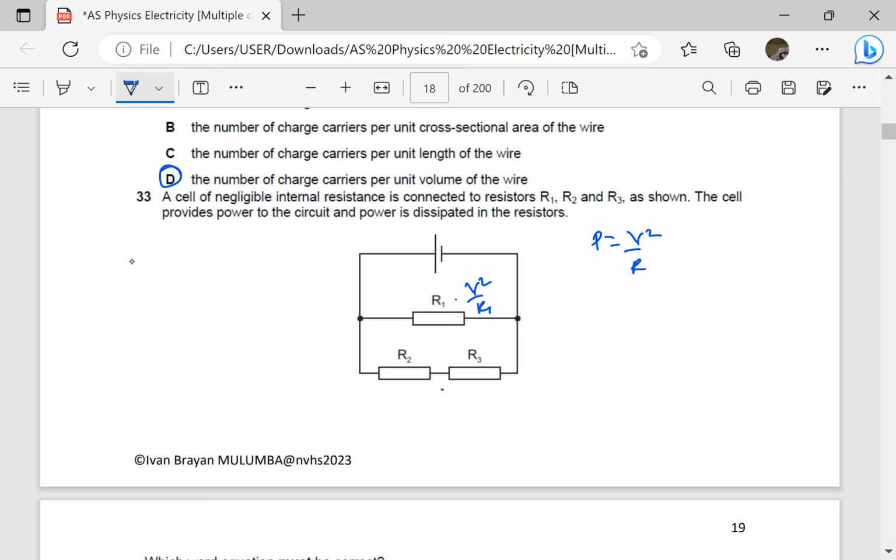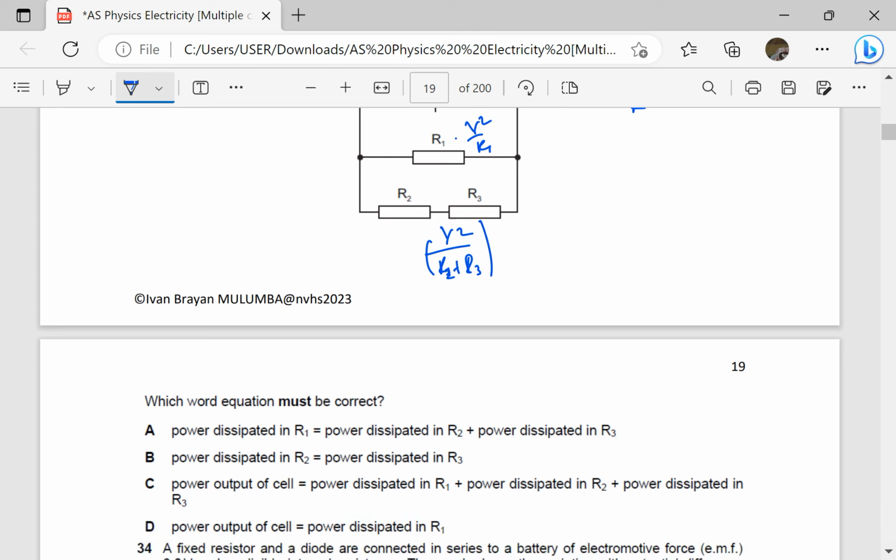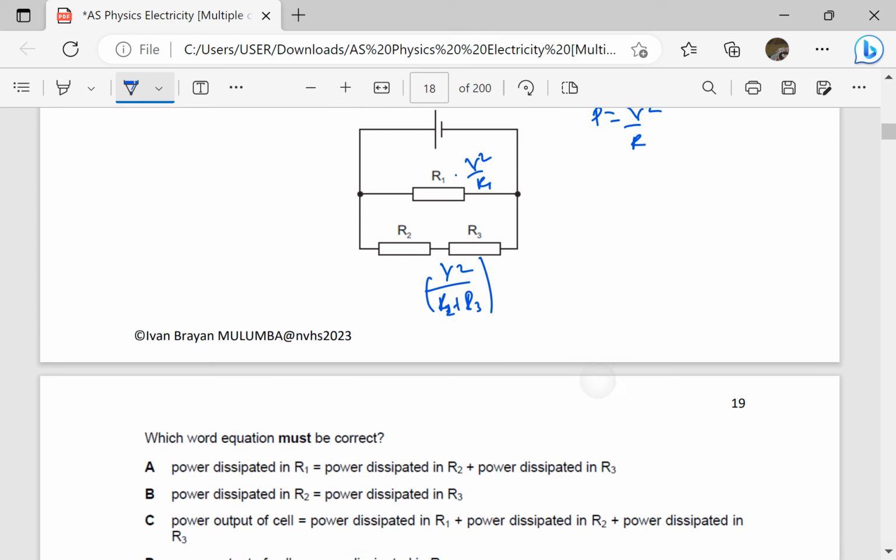The power here is going to be V squared over the total resistance, R2 plus R3. Which word equation must be correct? Power in R1 is power dissipated in R2 plus power dissipated in R3.